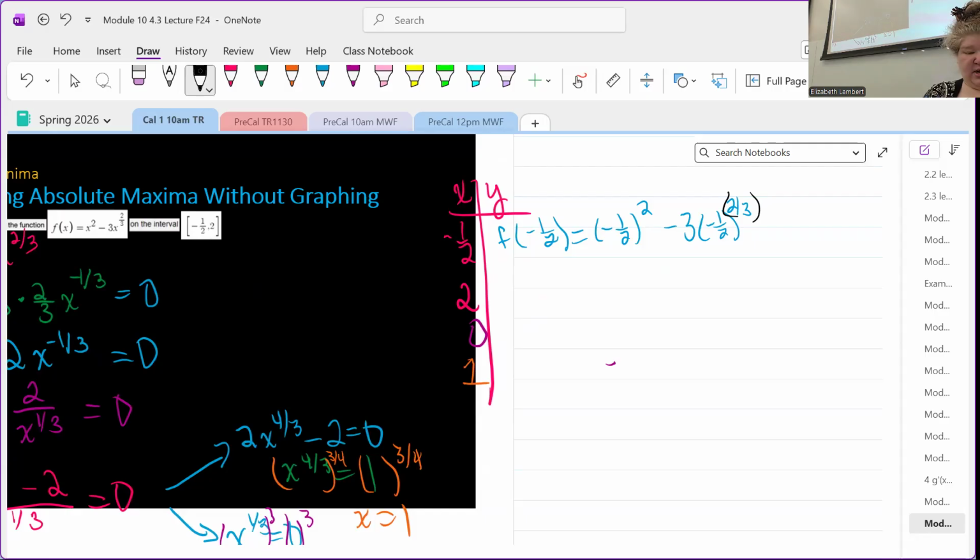But negative 1/2 squared minus 3 times negative 1/2, nope, not squared, raised to the 2 divided by 3.